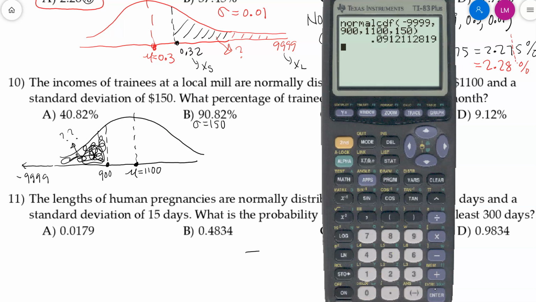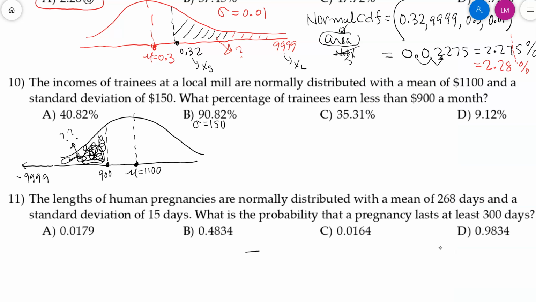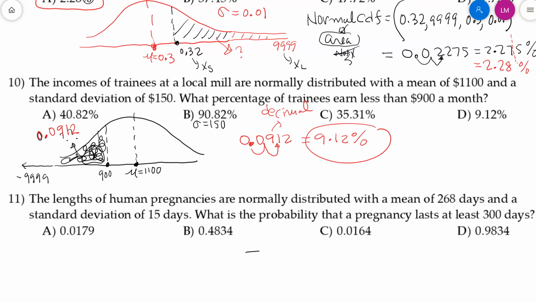Close parenthesis, hit enter, and you get 0.0912. Now this is a decimal. You change it to percent, so you go 2 places to the right. So this is 9.12%.